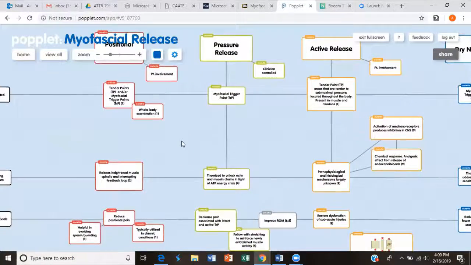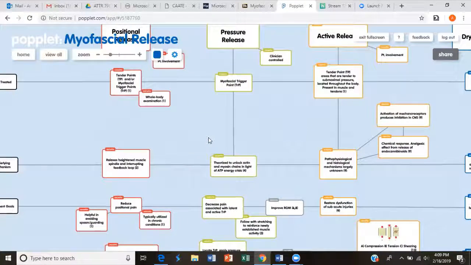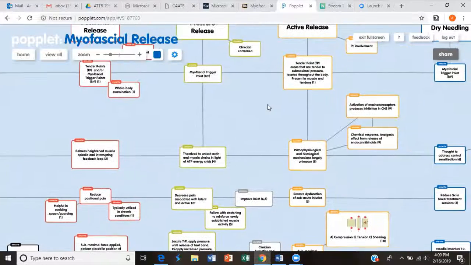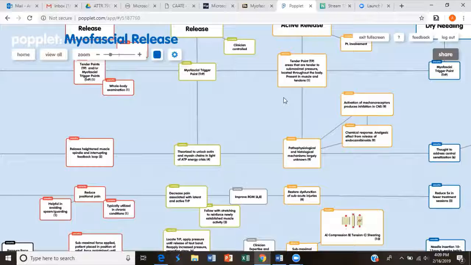Positional release is thought to relax and heighten muscle spindle, and interrupt the feedback loop. Whereas pressure release is thought to actively unlock the actin and myosin chains in the ATP energy crisis. The underlying mechanism for active release is both the pathophysiological and histological mechanisms that still to this day remain largely unknown.